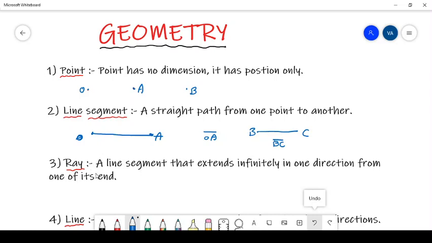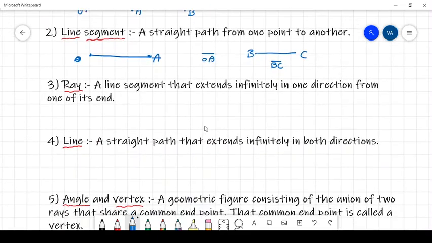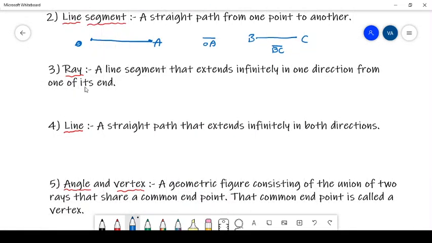Next one is ray. A ray is nothing but a line segment that extends infinitely in one direction from one of its ends. We have seen that any line segment has two end points. In OA, O and A are the end points.